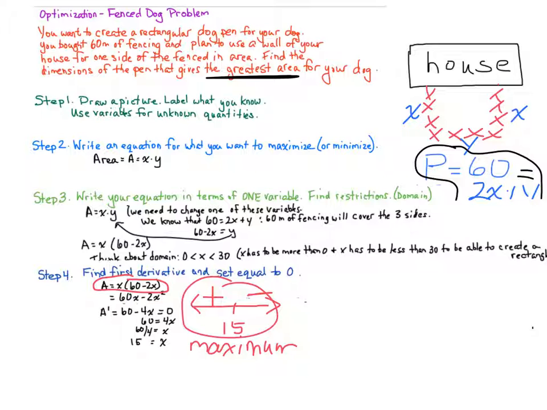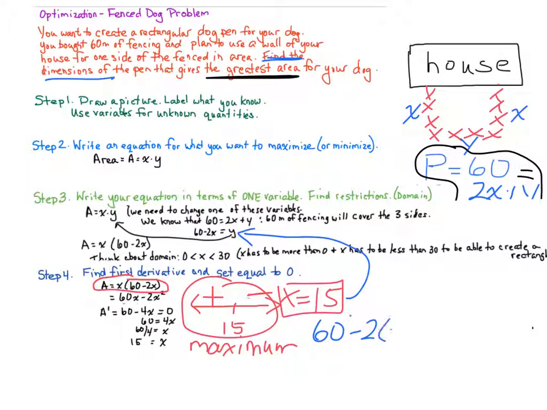Now, how do we finally answer our question? If x equals 15, what was the original problem asking for? It said find the dimensions of the pen. So we know the x side. How do we find the y? Well, you substitute this back into our equation right here: 60 minus 2 times x, and if I make that x a 15, I will get y equals 30.